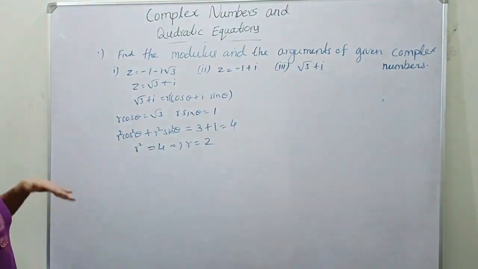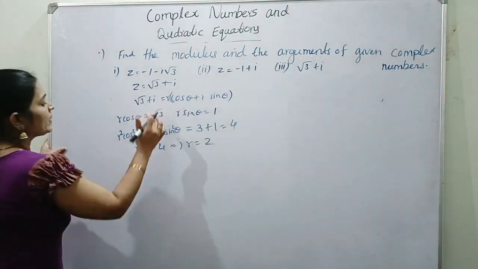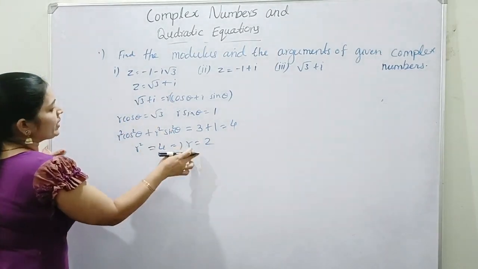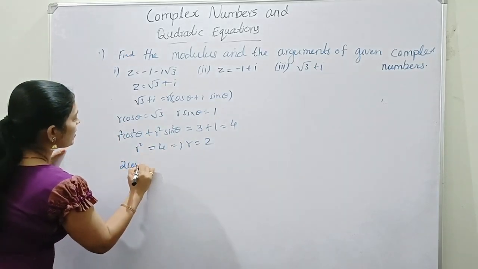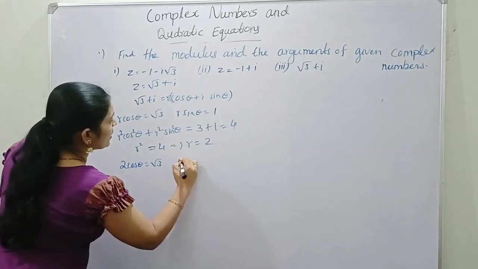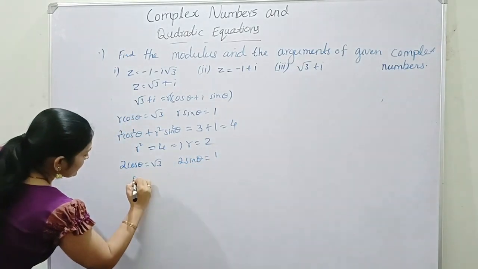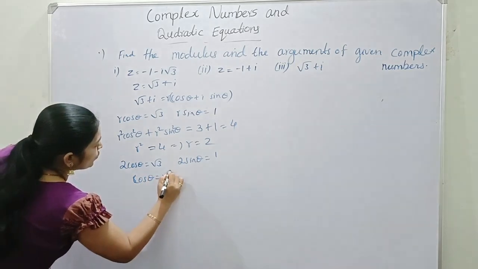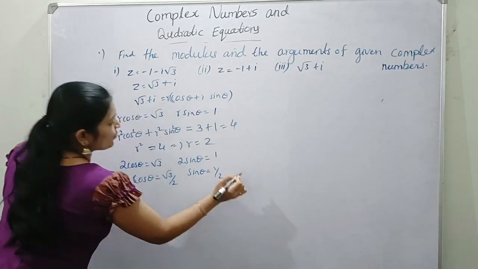Next we will find the value of theta, that is the argument of the given complex number. By substituting r is equal to 2 in these equations, that is 2 cos theta is equal to root 3, 2 sin theta is equal to 1. That is cos theta is equal to root 3 by 2, sin theta is equal to 1 by 2.